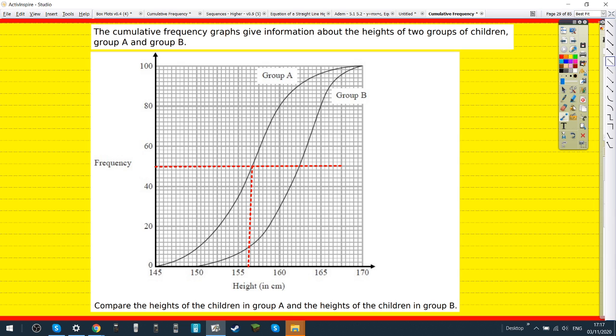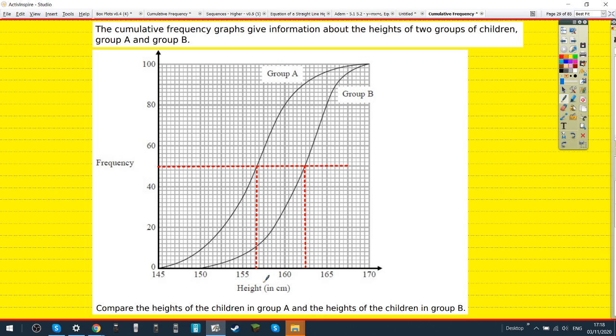And A would be 100. 156. I think so. And B would be 163. Mm-hmm.